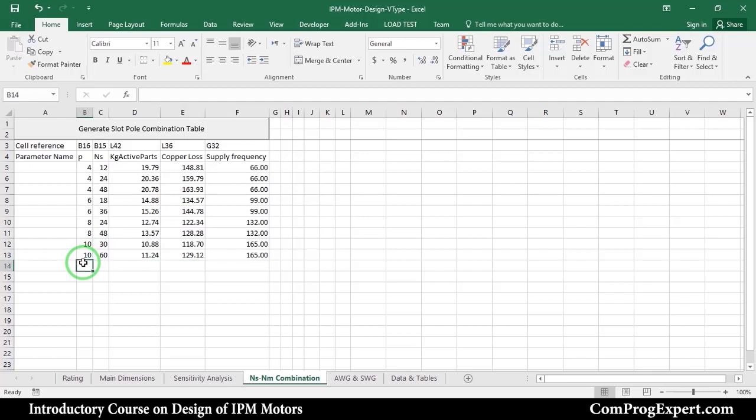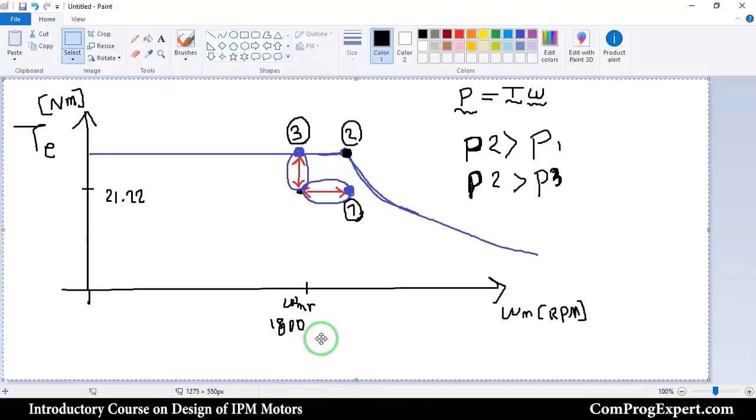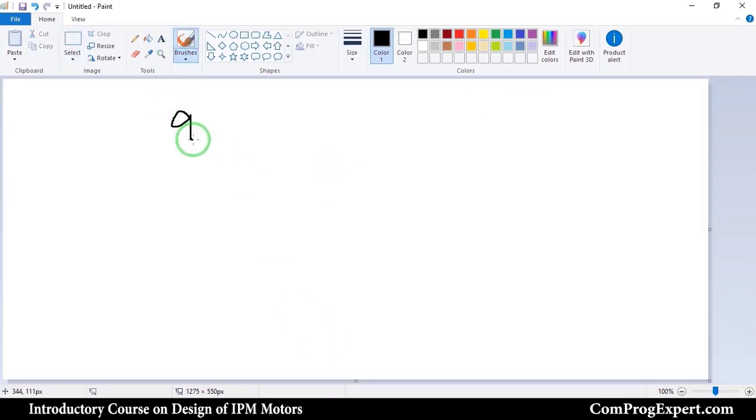I can add another record here. So I want to try a design for a motor with 12 poles, and if I consider Q equal 1, 1 times 3 times 12 is 36, the number of stator slots.